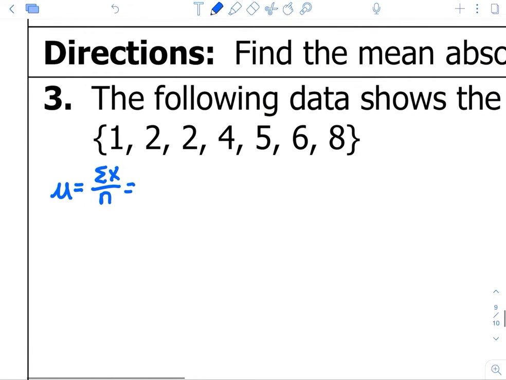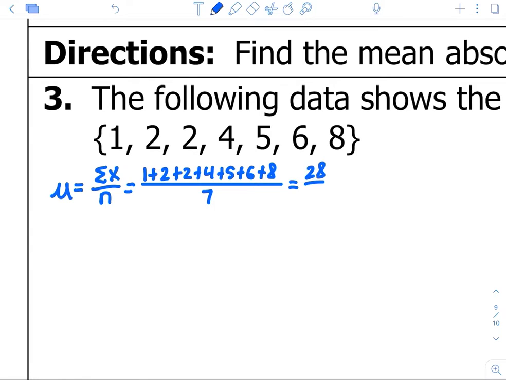So we have 1 plus 2 plus 2 plus 4 plus 5 plus 6 plus 8, all over how many of them are total. That's what n is, 7 of them. Add all of those together and we get 28, and we divide that by 7, which is 4. So our mean value is 4.